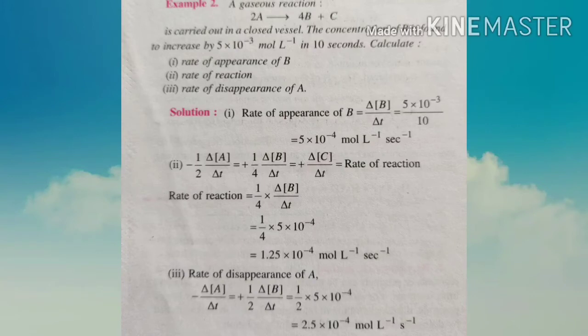Then we will write the rate of disappearance of A, that is equal to -delta A/delta t, which is equal to delta B/delta t divided by 2, is equal to 1/2 × 5 × 10^-4, which is equal to 2.5 × 10^-4 mol per liter per second.